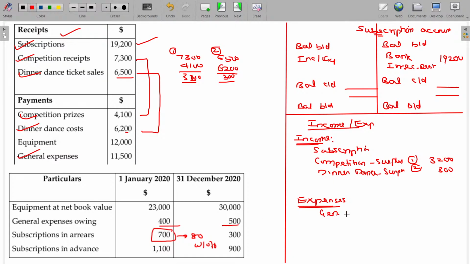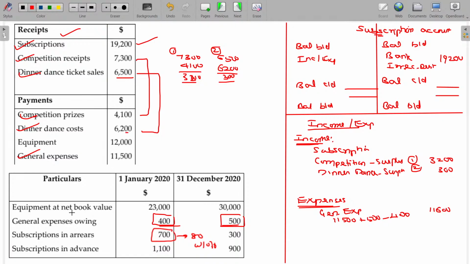General expenses 11,500 minus owing in the year end, plus owing in the year end, minus owing in the beginning. Current year owing is related to the current year, amount recoverable, so added. Previous year owing might have been paid in this year but not related to this year, so I have to remove this. So then the ultimate value being 11,600.